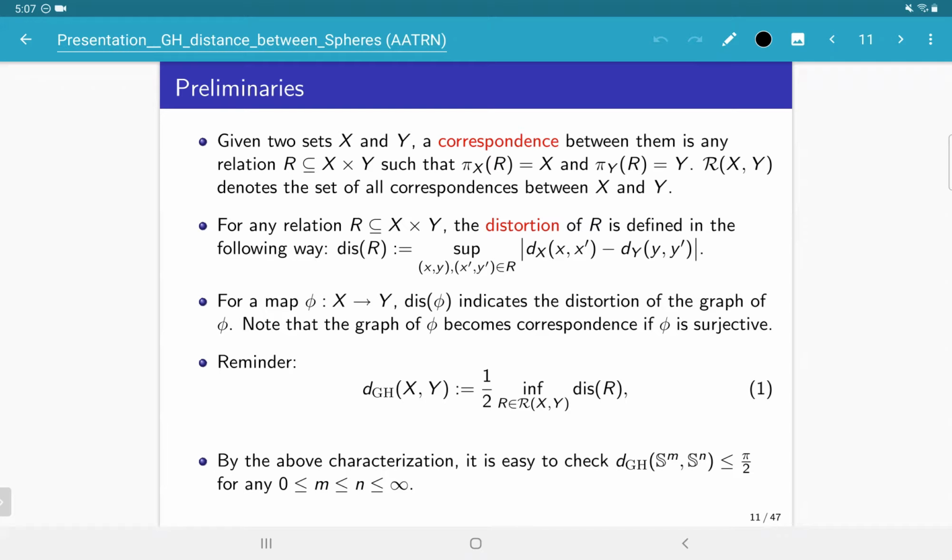It is actually a result of a more general lemma saying that the Gromov-Hausdorff distance between x and y is upper bounded by the maximum between the diameter of x and the diameter of y. And of course, the diameter of m and n spheres are all pi, so we have this result.